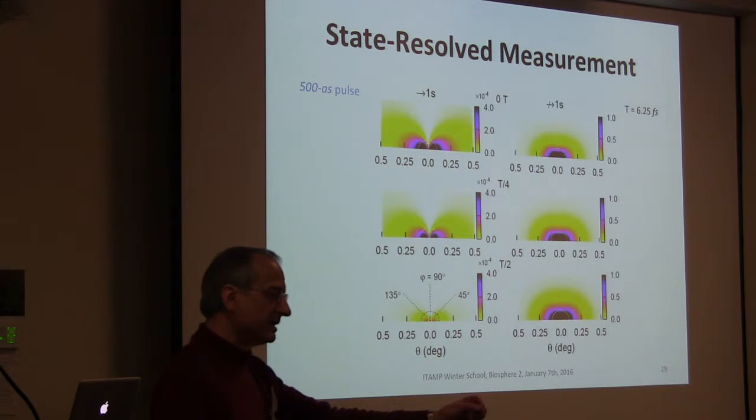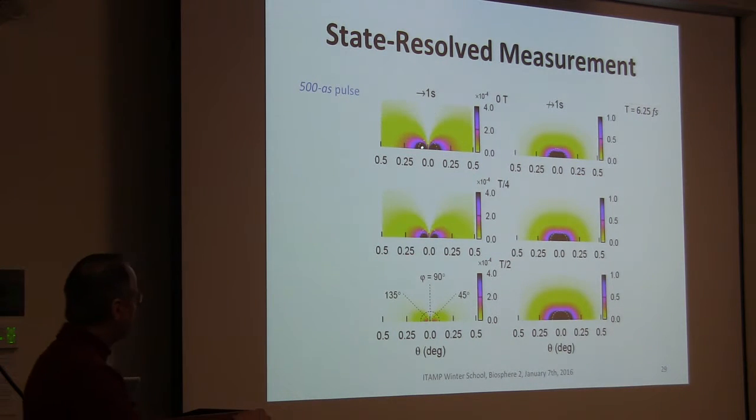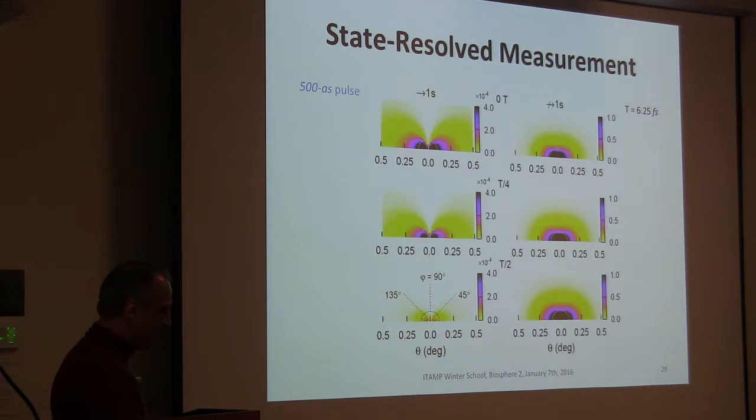So by measuring the 1s state, you detect the breathing motion, but it's greatest when the target is most compressed. And these are the inelastic processes. You see they're confined close to 0 degrees. This dotted line indicates the most heavy population of inelastic processes. Outside that line, you can see it changes slightly.